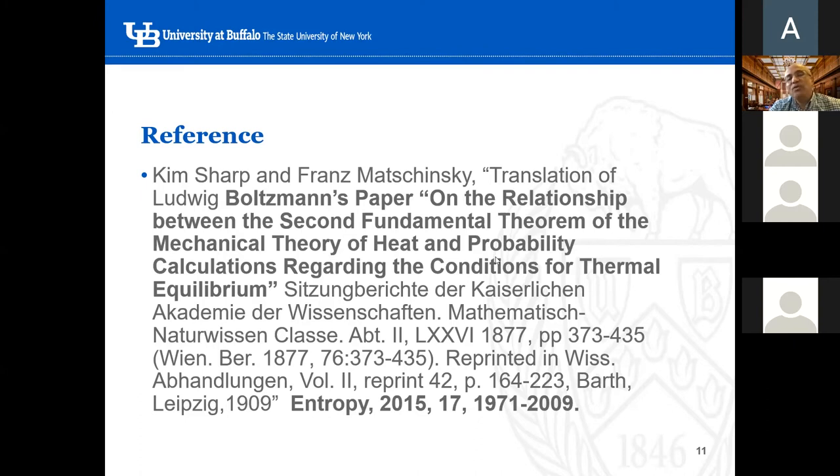And they concluded exactly the same thing I have been saying, that Boltzmann's formulation is not for gases only. It is for solids, liquids, and gases, for everything.